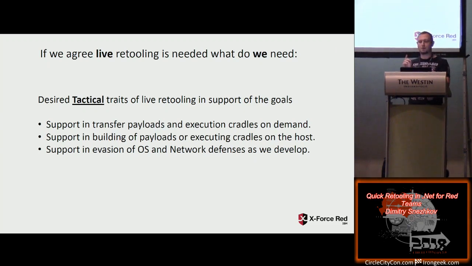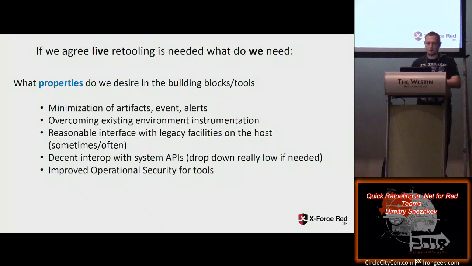We want to build those payloads and execute them real time, and we also want to support evasion. When we start thinking about properties of things that we want, we also want to minimize artifacts, right? We want, in the best possible way, to minimize some things that might potentially be used for forensics later.